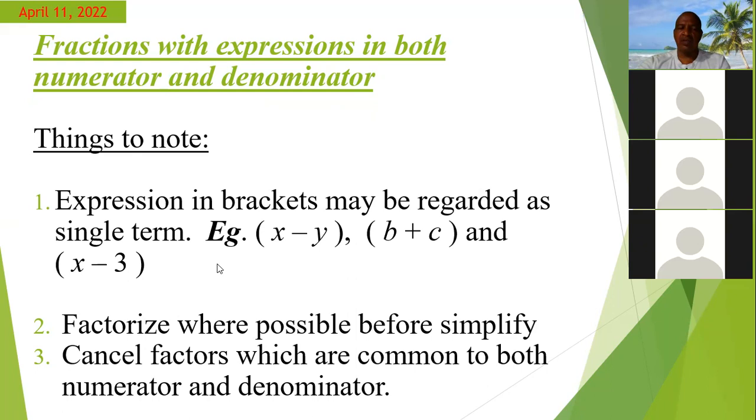So what I was saying to you just now is that wherever we have expressions in a fraction, we treat an expression as a single term. So if this is a single term, you cannot alter it by canceling part of it with part of another expression.